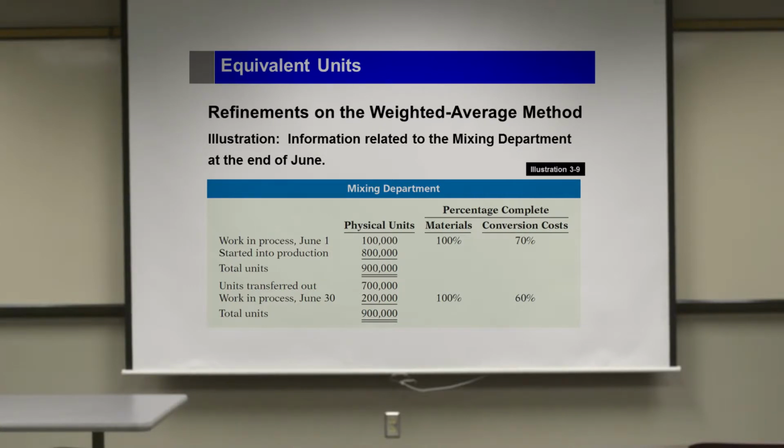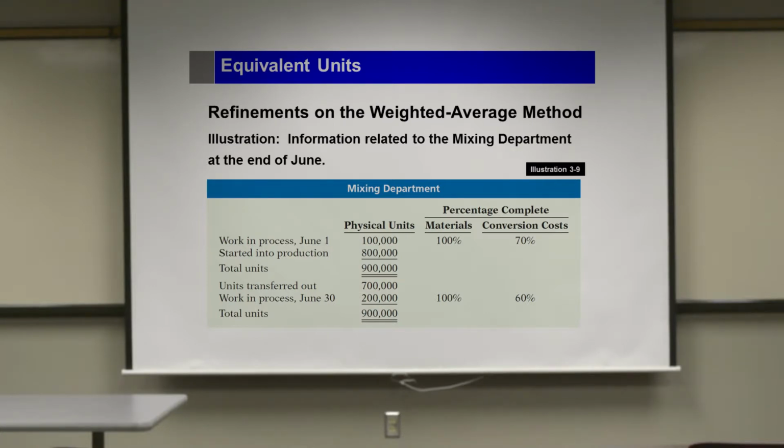For the ending inventory, since the raw materials are added at the beginning of the process for Eggo waffles, they are complete with respect to raw materials. So 200,000 physical units are there, and 200,000 equivalent units will be there. However, with respect to the conversion cost, since these units are not complete, only 60% are complete, so we will need to compute the equivalent units for the conversion cost.